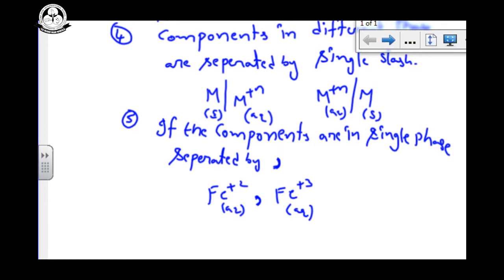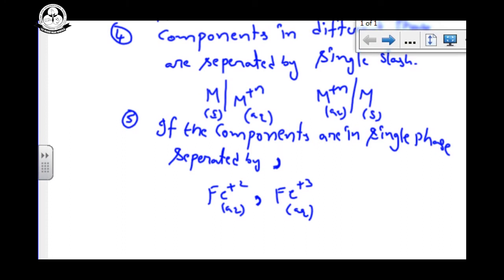Now, the most important thing for galvanic cells is how to calculate the EMF of the cell. Before going to the EMF, as we discussed in the last sessions, while calculating the EMF of the cell we need one important thing, that is the standard hydrogen electrode.